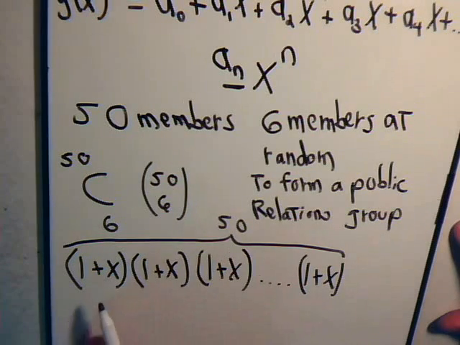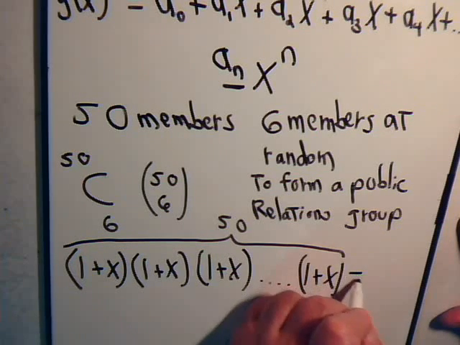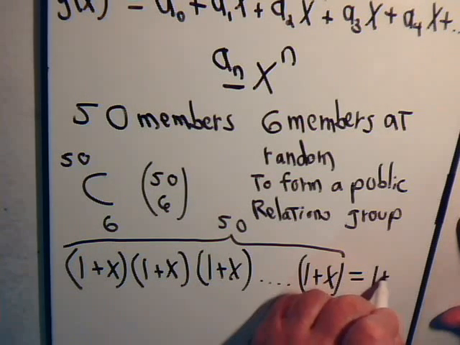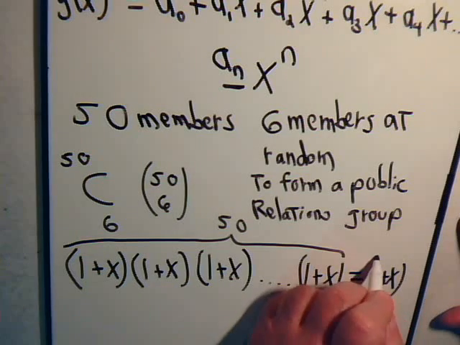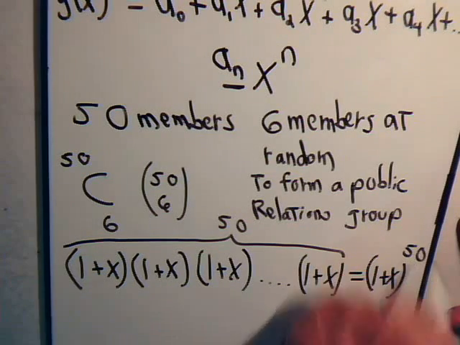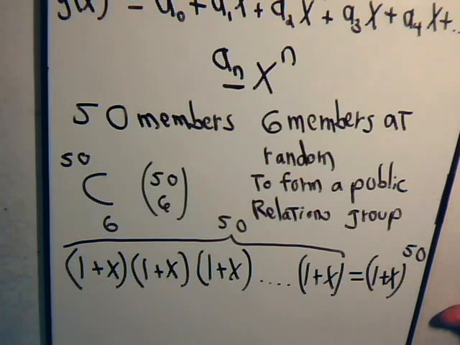And we multiply all these individual generating functions together, we get (1 plus x) to the 50th power. So this right here, that would be the generating function then of selecting 6 individuals out of 50 individuals when the order doesn't matter.